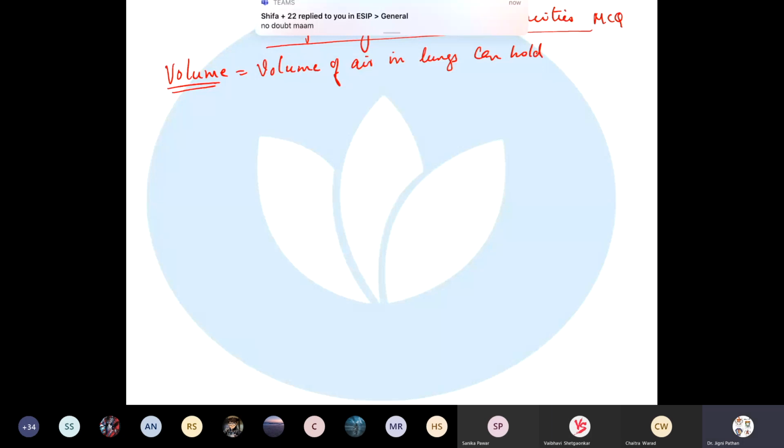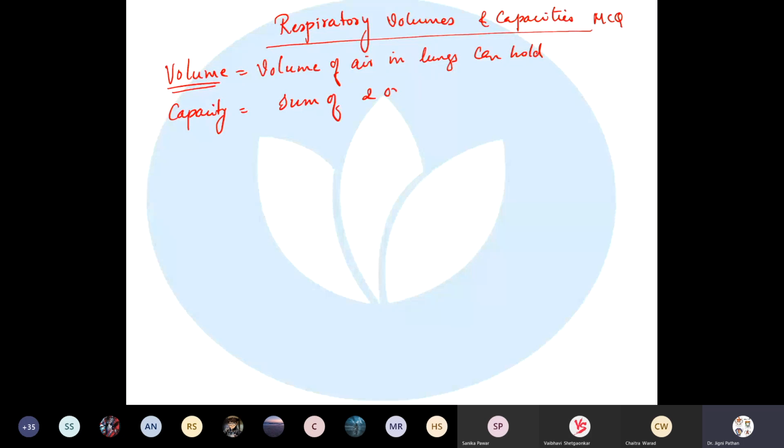What is capacity? Capacity is the sum of two or more respiratory volumes. That is the capacity. Understood the difference between the volumes and the capacity?